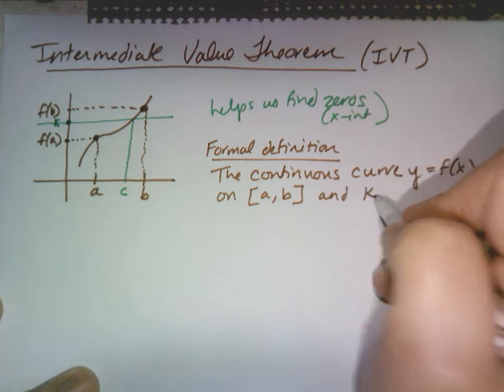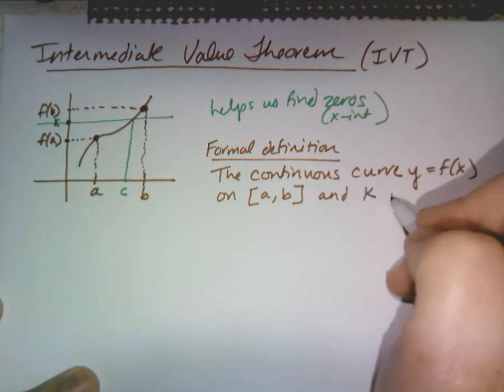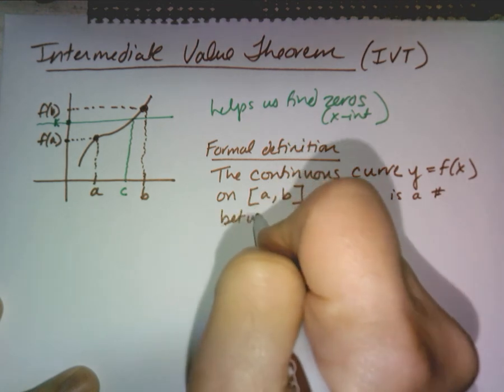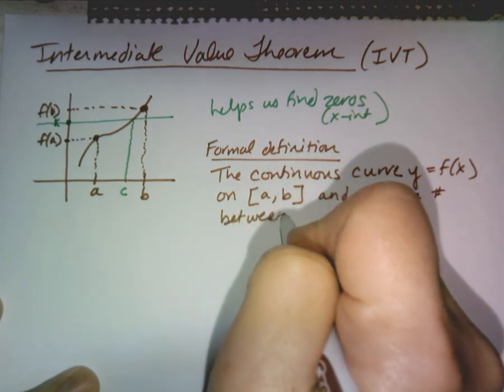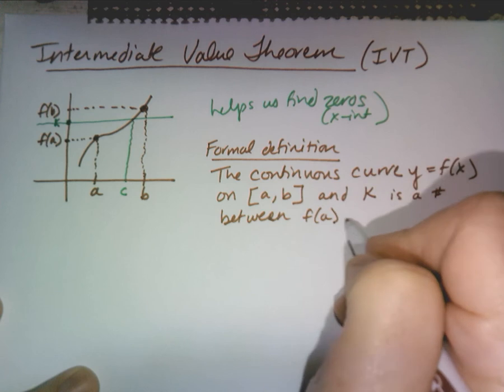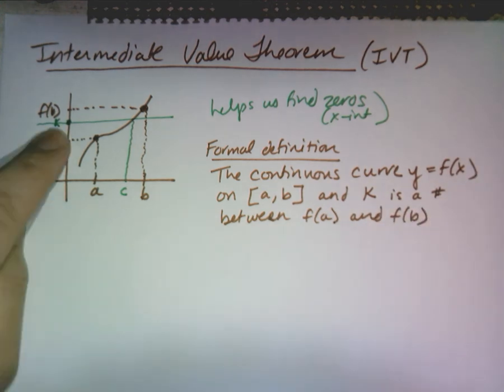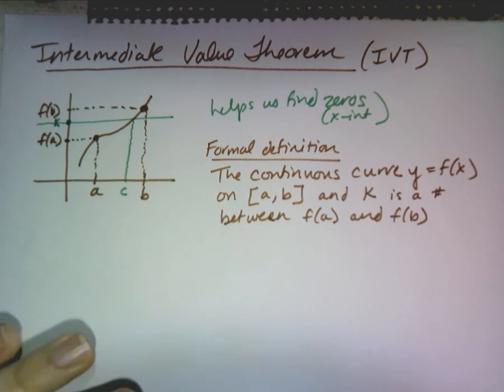And k is a number between f of a and f of b. That's what I just drew for you up here. There's some value k that's between the y values, f of a and f of b.